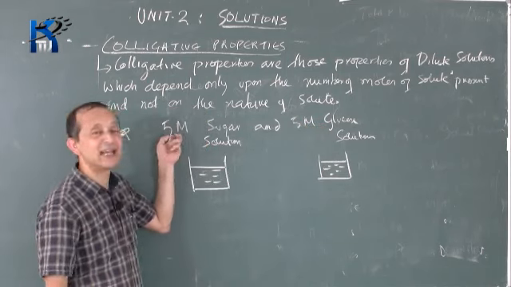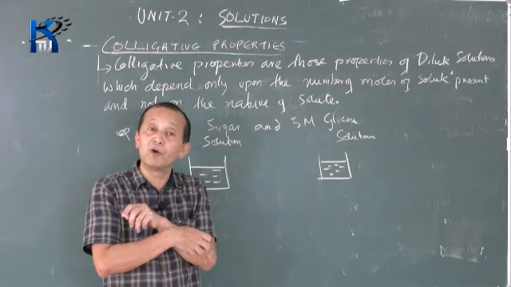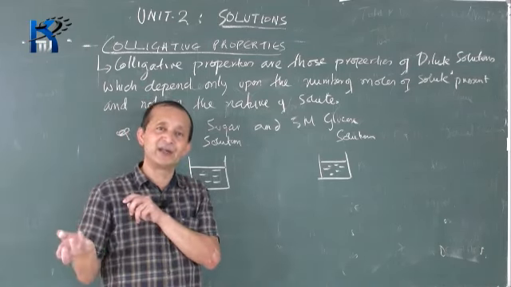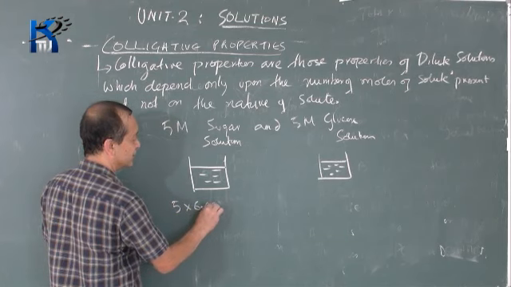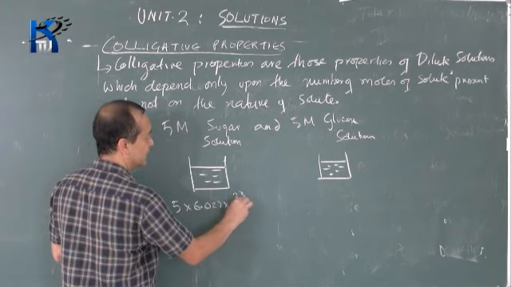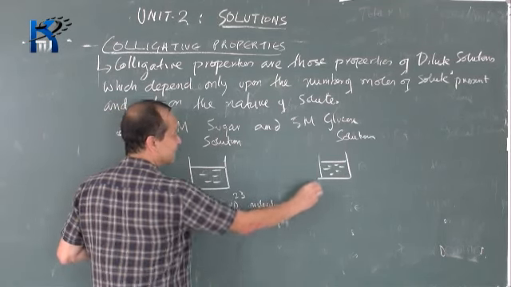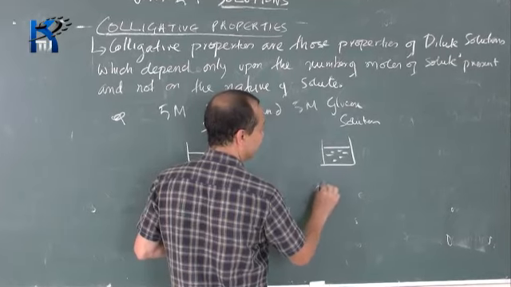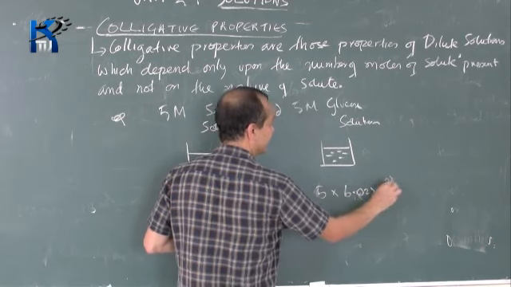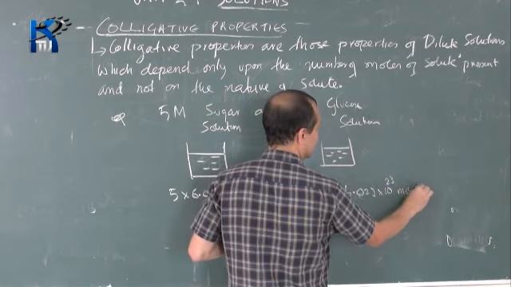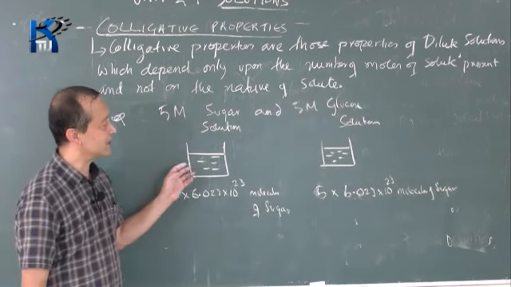Since they have the same number of moles, they will have the same number of molecules, because 1 mole contains 6.023 into 10 to the power of 23. So this contains 5 into 6.023 into 10 to the power of 23 molecules of sugar, and this contains again 5 into 6.023 into 10 to the power of 23 molecules of glucose.